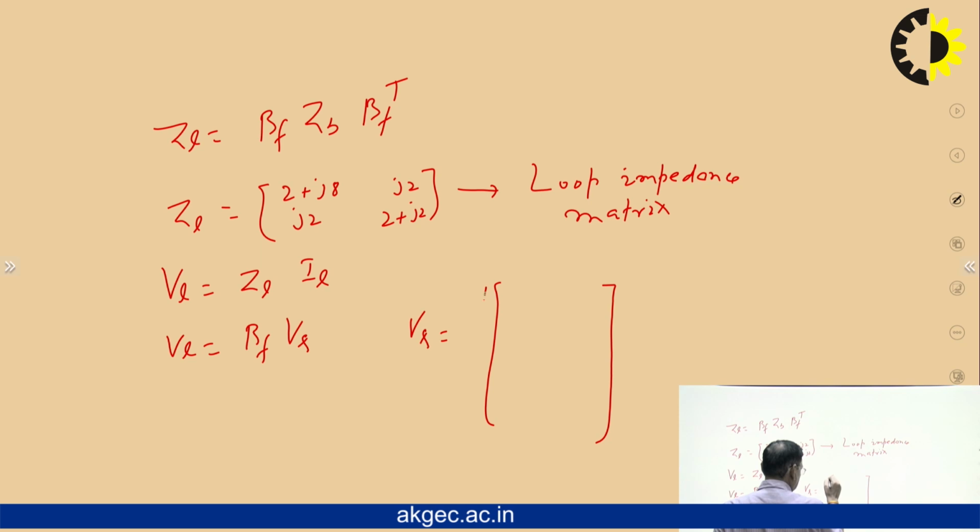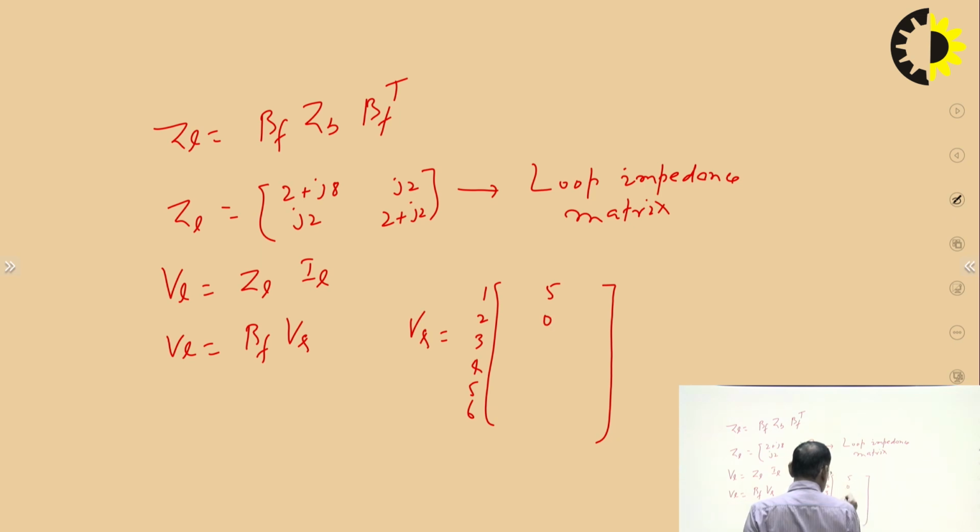Branch 1 has a voltage of 5 volt. There is no voltage in branches 2, 3, 4, 5, so those are 0, and branch 6 has 10 volt. So this is the VS.